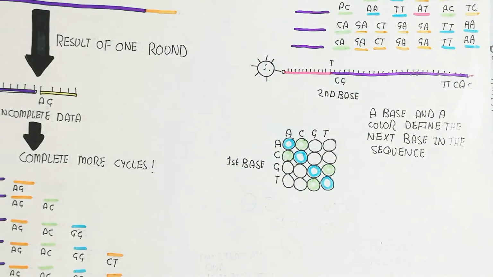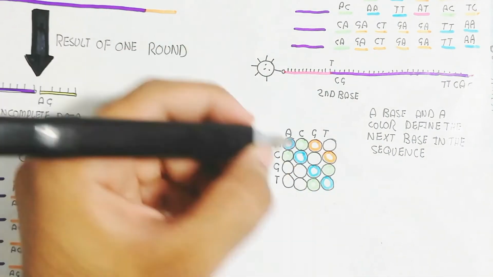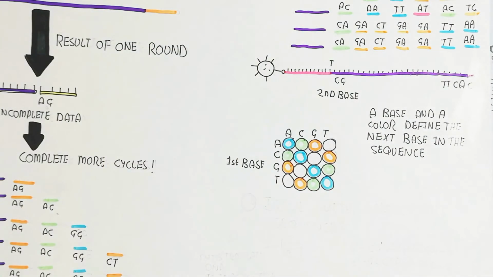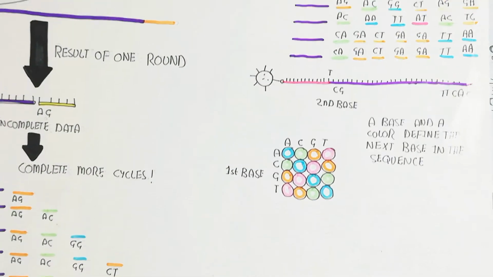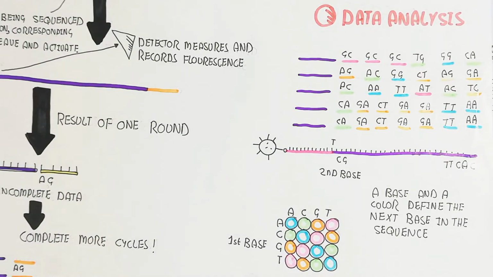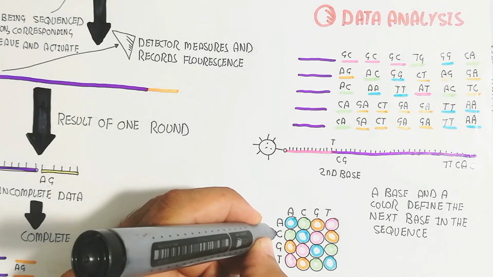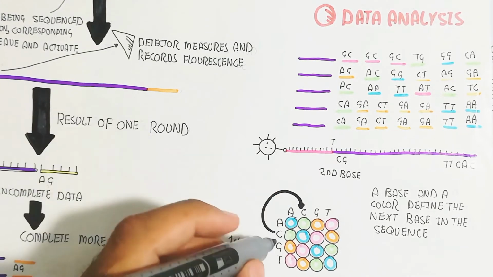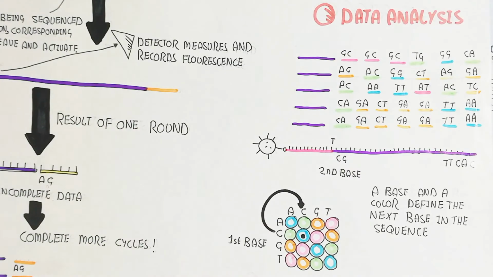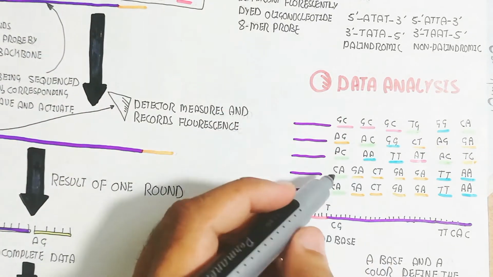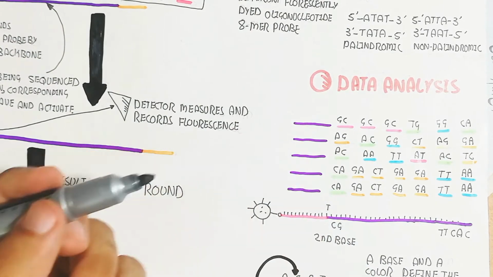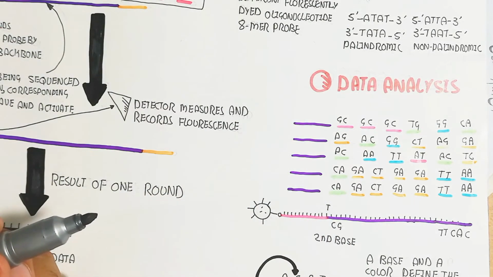Remember, for example, adenine followed by cytosine produces the green color. This is the data analysis to produce more color, so we can identify the base, and a base and a color define the next base in the sequence.